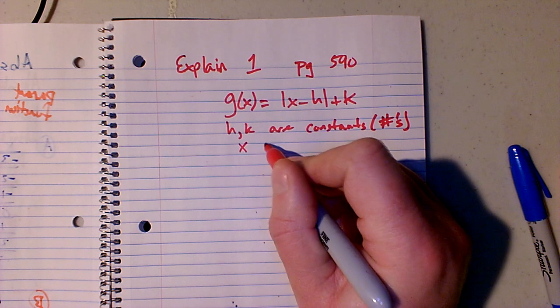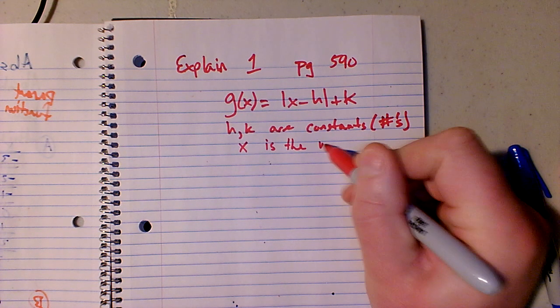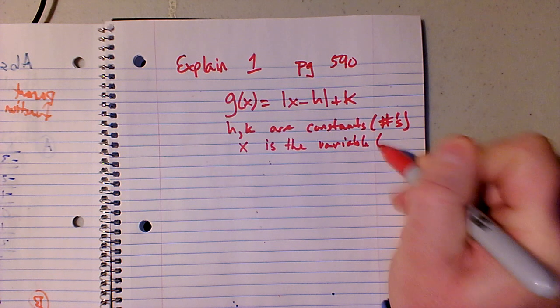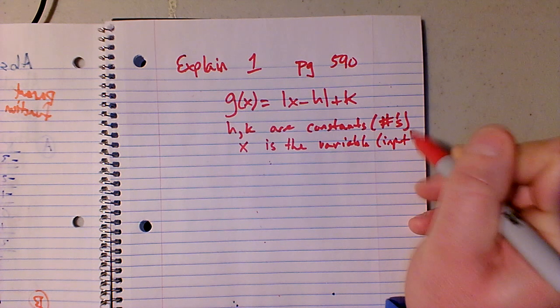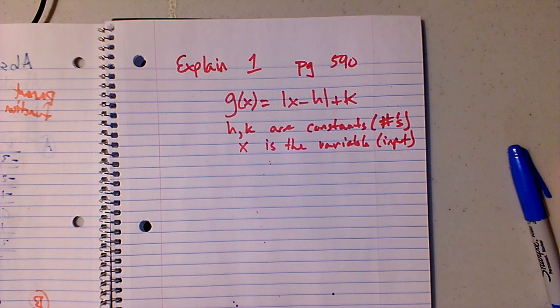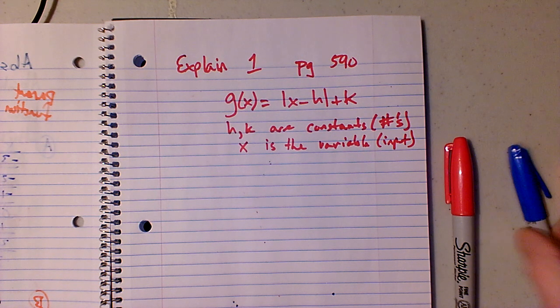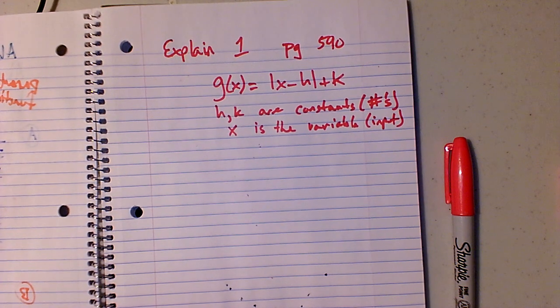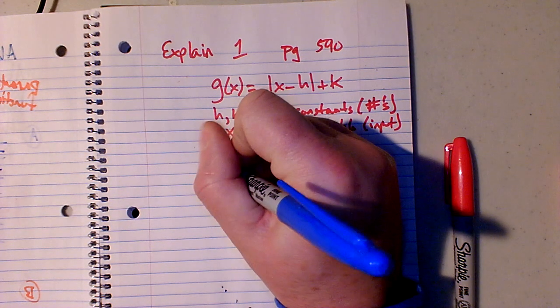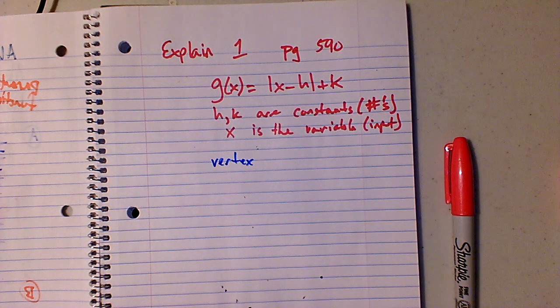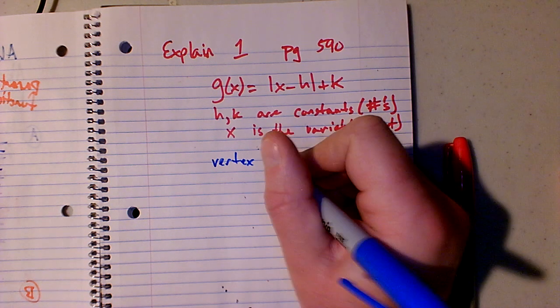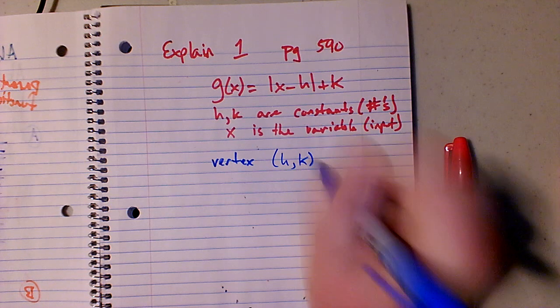X is your variable, and more specifically, it's your input. Hopefully, from the discovery-based activity, you've learned that the vertex of the absolute value function, and of the graph of any absolute value function, is always going to be (h, k).